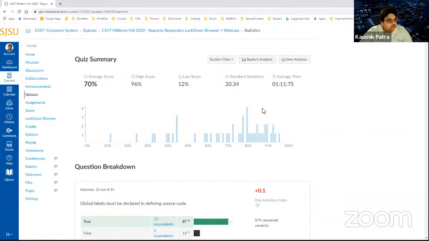I wanted to share this before I publish your individual score to you, so that you don't start panicking. So this is your class distribution. If you are in the average category or a little bit above, like 70% to 90%, you should be good enough to go throughout the semester.